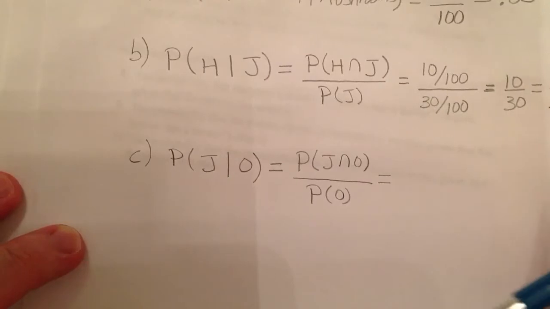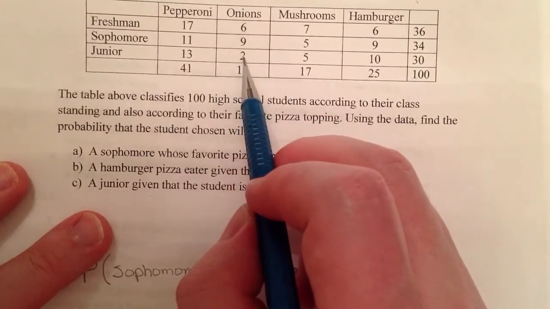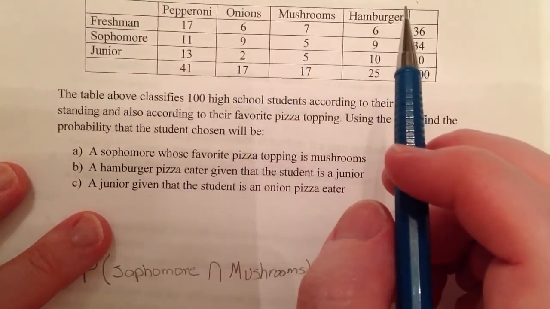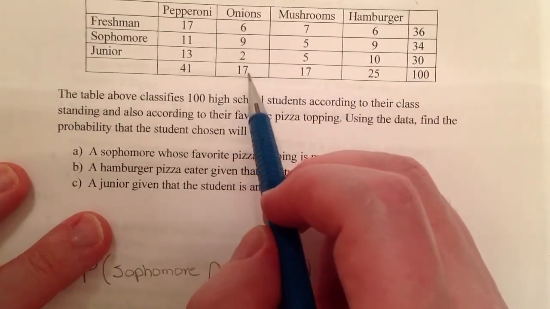For the juniors whose favorite topping is onion, we have only 2 such individuals, and the probability that the pizza lover has a favorite topping of onions is 17 out of 100.